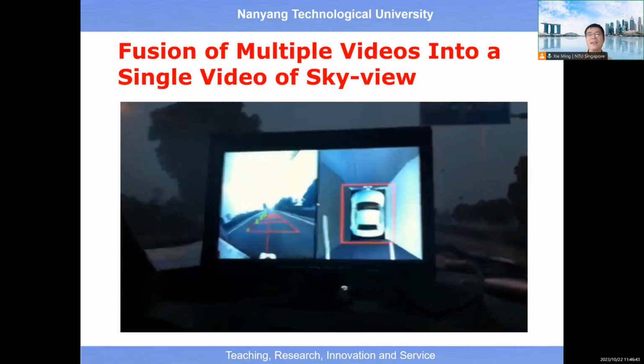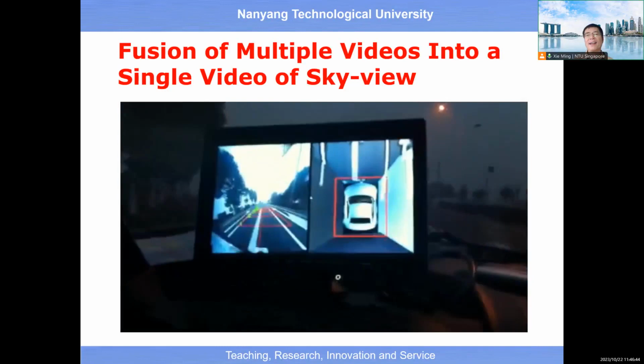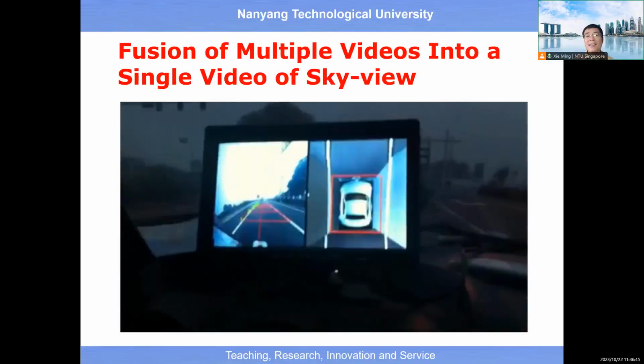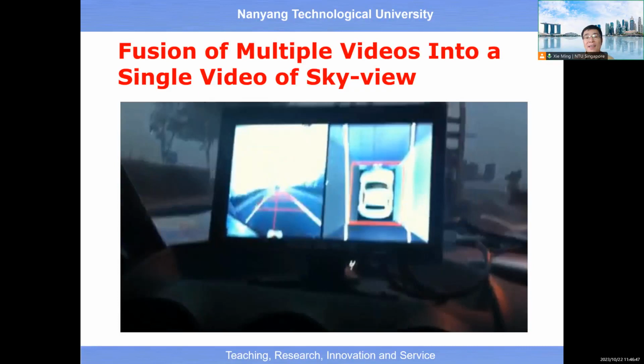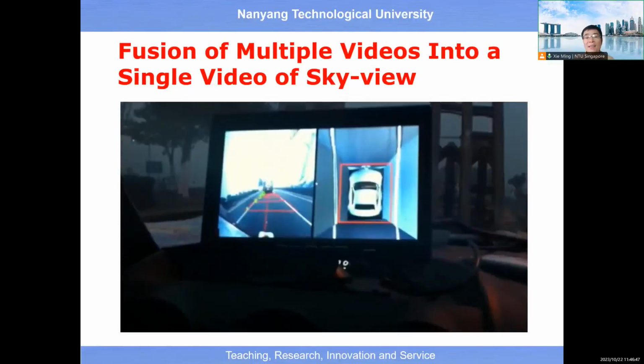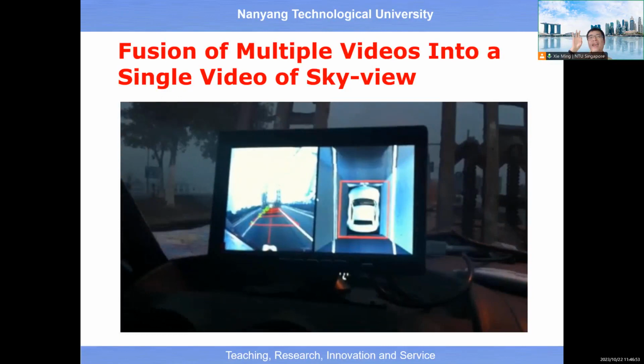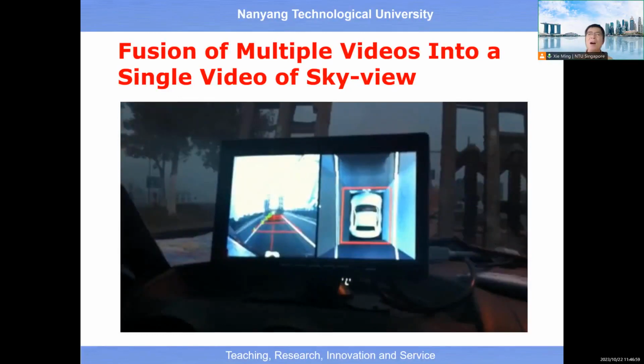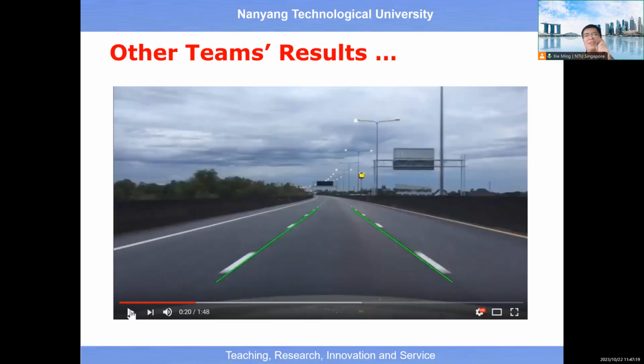So we use video from cameras mounted on the vehicle to produce an output video equivalent to that from a camera placed in the sky looking down at our vehicle. This is also an interesting result.